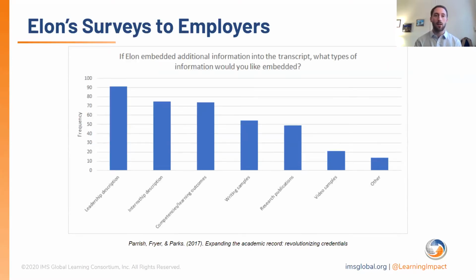We were also asking our employers, what's the type of information that we want to embed in our record? Because we didn't want to create the comprehensive learner record to just be another extension of the academic transcript.